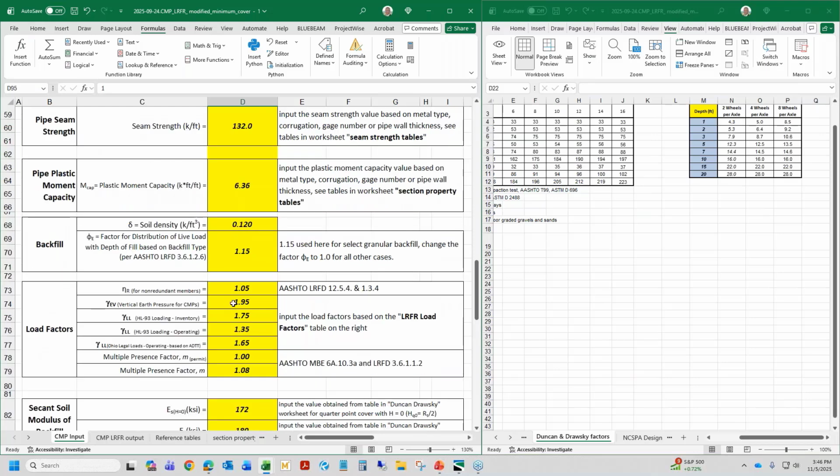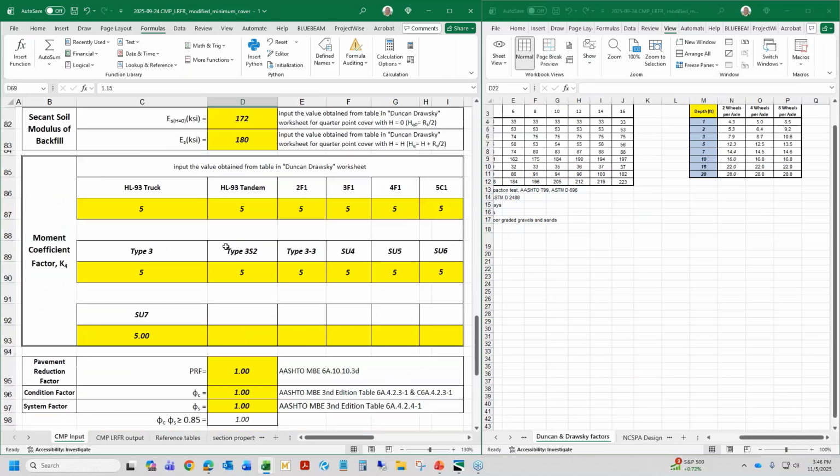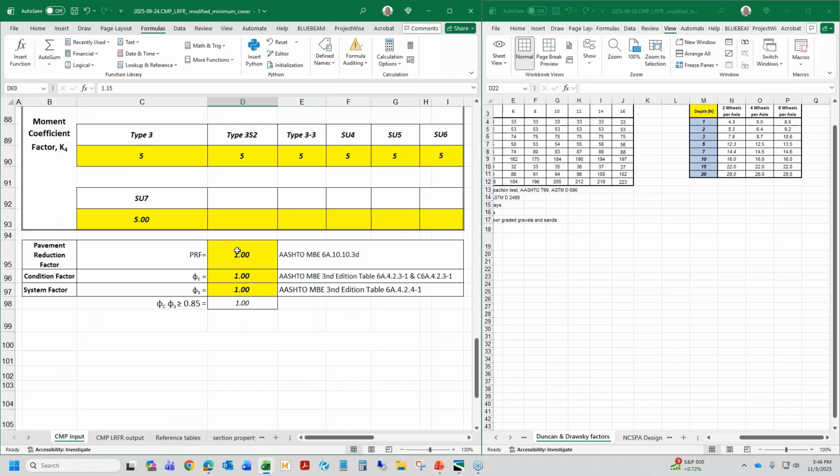And up above where we have this 1.15, you'd have to change this to be encompassing of the load distribution through the soil and through the pavement. And so you have to take a weighted average of the two based on the height of cover of each particular layer. So it's possible. It does take a little bit more work, but there is a way to utilize pavement to your benefit.